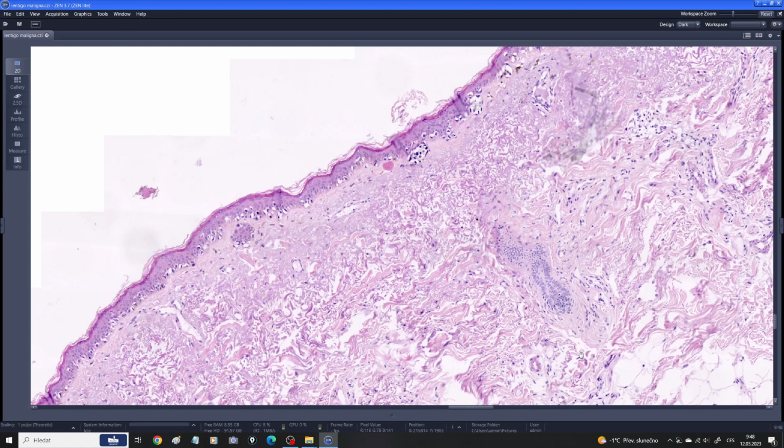It is usually situated in skin, so it's usually a primary skin lesion, especially in sun-exposed areas, because the main risk factor is long-term UV exposure. But you can also appreciate it in patients with immunodeficiency, and some of the cases can be familial.